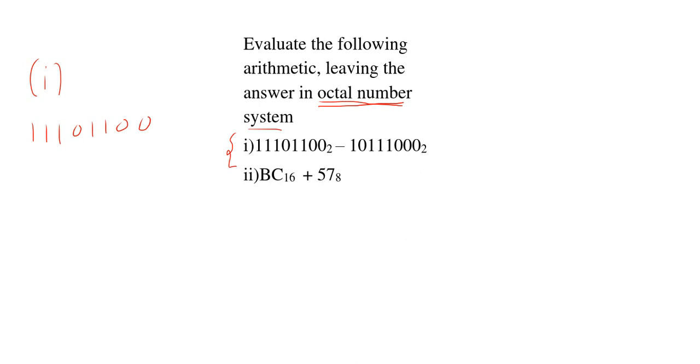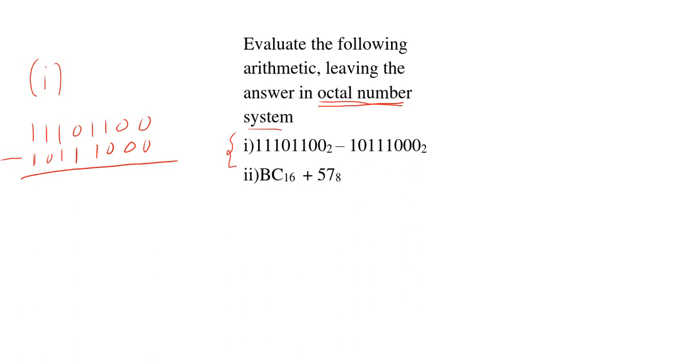So we have 3 ones, then 0, 1, 1, then 2 zeros. Then this is subtracted from 1, 0, 1, then 1, 1, 0, and 0, 0. So this is binary subtraction.